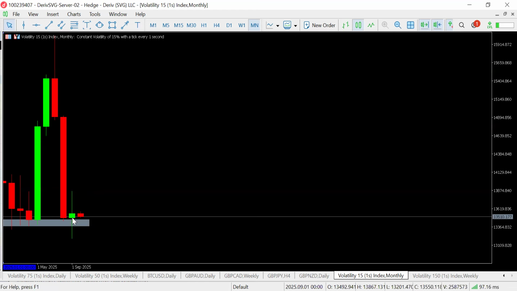Sellers came into the market, buyers came back in, and we ended the month with a doji candle. A doji simply means that whoever was in control of the market, whether buyers or sellers, is losing momentum. And in this case, we had sellers pushing price downwards.